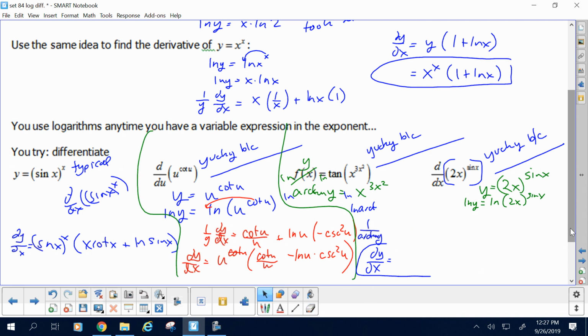Okay, cool. So let's see here. Log of y equals sine of x log of 2x.